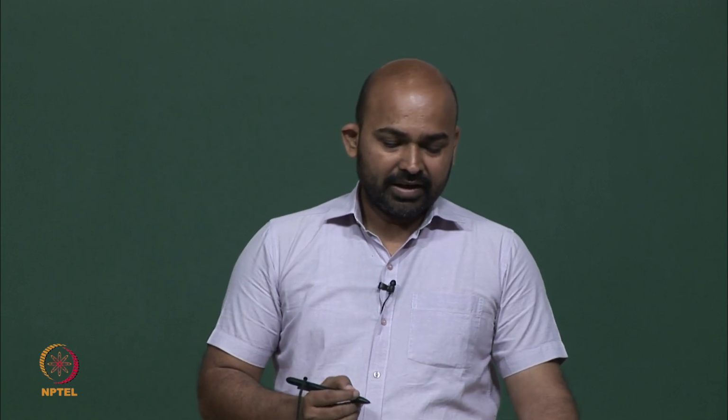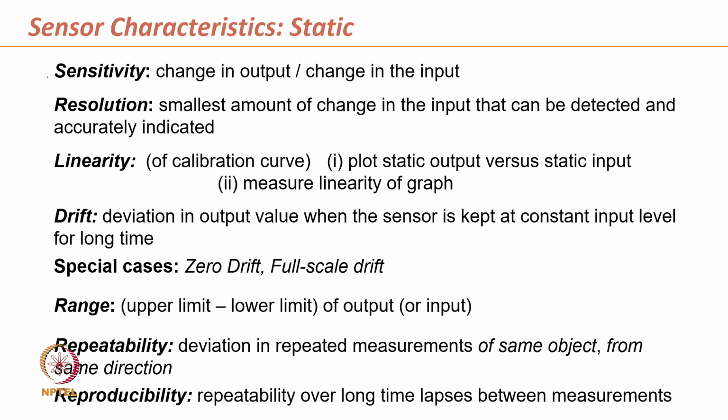These characteristics are like sensitivity. Sensitivity is how much the output changes per unit change in the input. Resolution, for example, is the smallest amount of change in the input that can be detected by the sensor. So, that is called resolution.